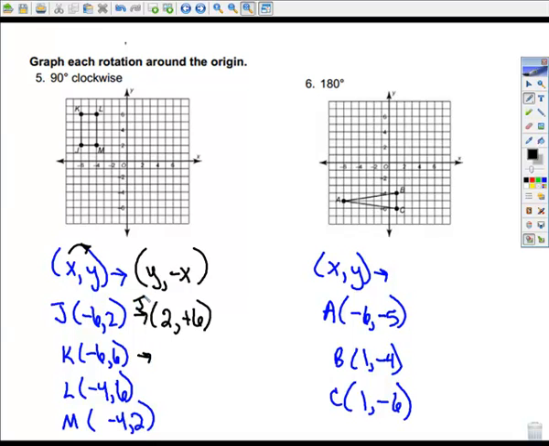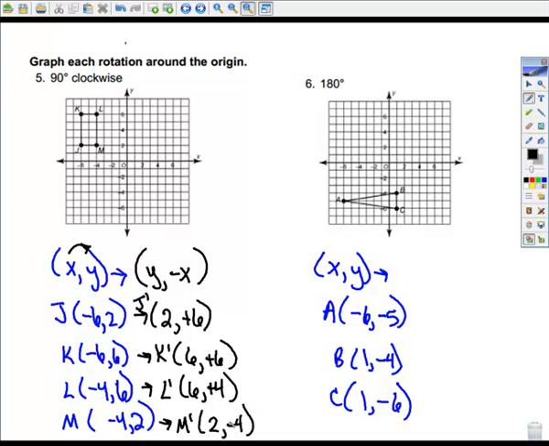That was J prime. K prime, I flip-flop them. 6, negative 6, but then this becomes the opposite. L prime, again flip-flop them, 6, negative 4, but that becomes the opposite. And M prime, 2, negative 4, and again the second coordinate becomes the opposite.